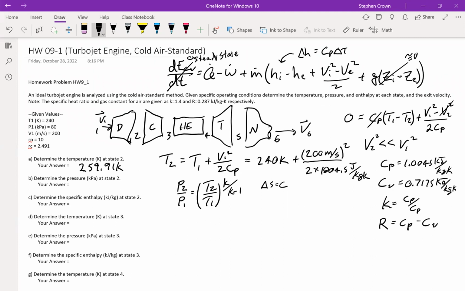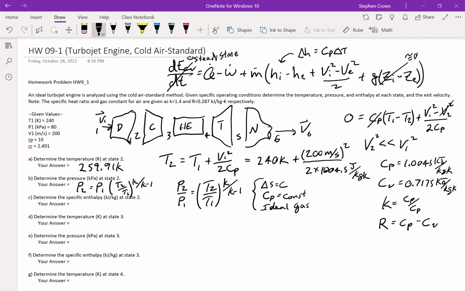The specific heat is constant, so Cp equals a constant, and also it's an ideal gas. Since those things are all true, we can use this expression and just solve for P2. So P2 equals P1 times T2 over T1 to the K over K minus 1.